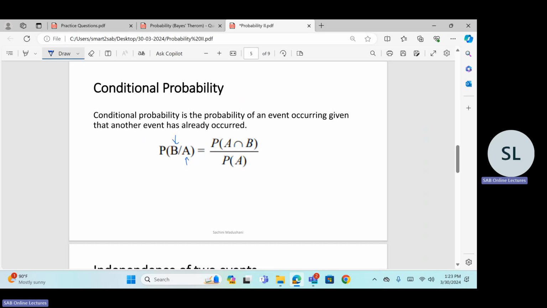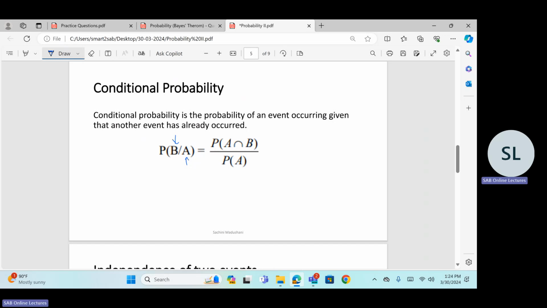We need to get the probability value for event B, given that event A has already occurred. Understood? Then this is the formula we can use to get the conditional probability. We say B given A. B given A means A is the first event, B is the second event.